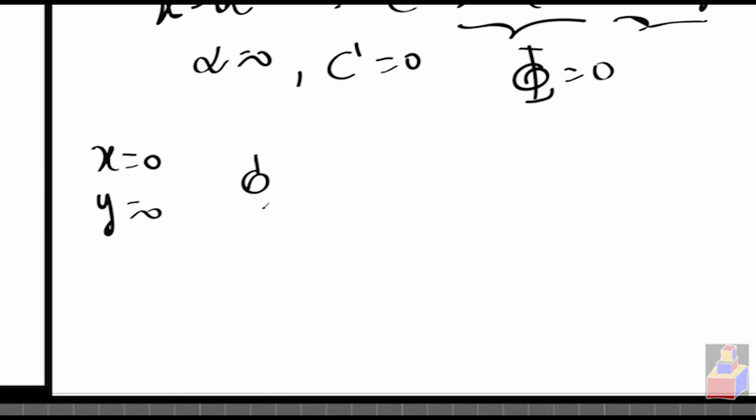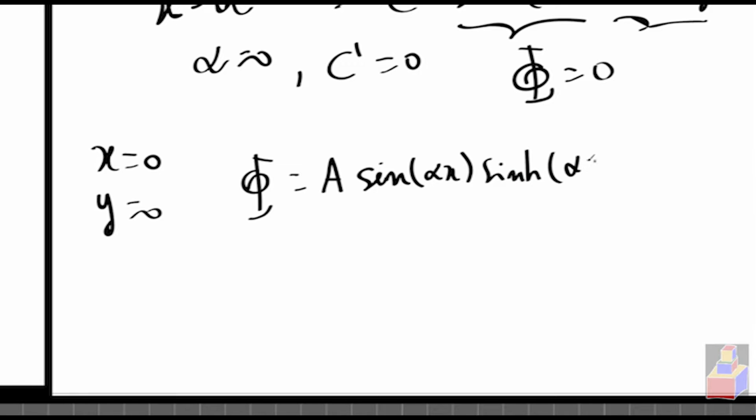So a function that satisfies those two is going to be something like, forget about the name of the constant, it's just a constant, A sine alpha x hyperbolic sine alpha y, because this is a type 1 solution.